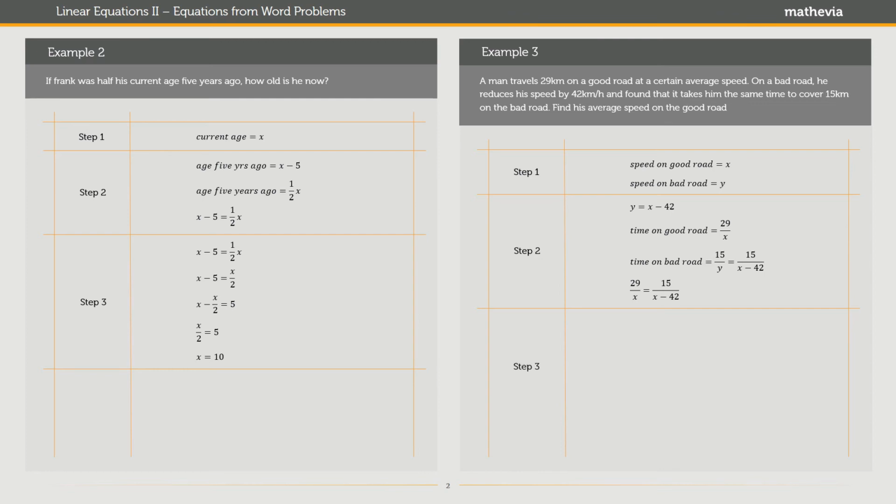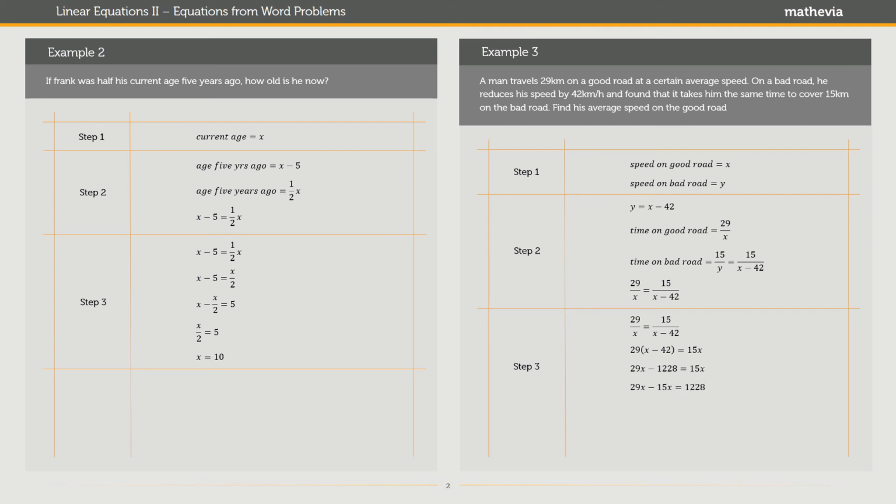From this point on, it's really simple, we just have to solve. We have 29 over x equals 15 over x minus 42. We cross multiply, and we have 29 multiplying x minus 42 equals 15x, and then 29x minus 1228 equals 15x.